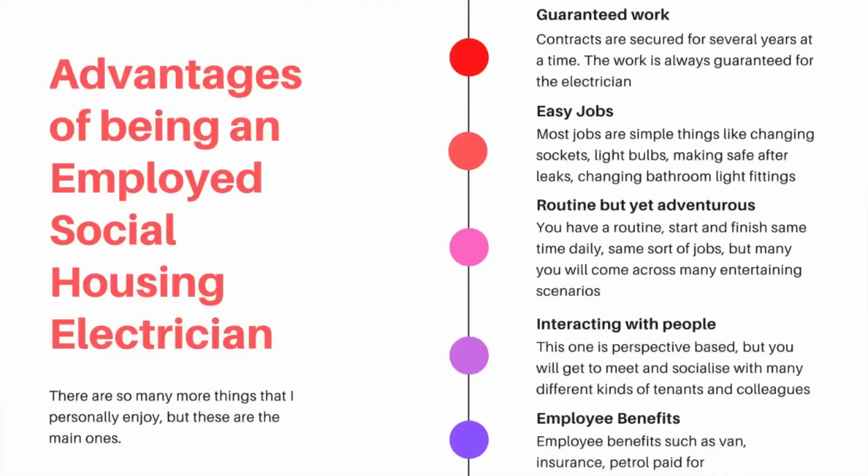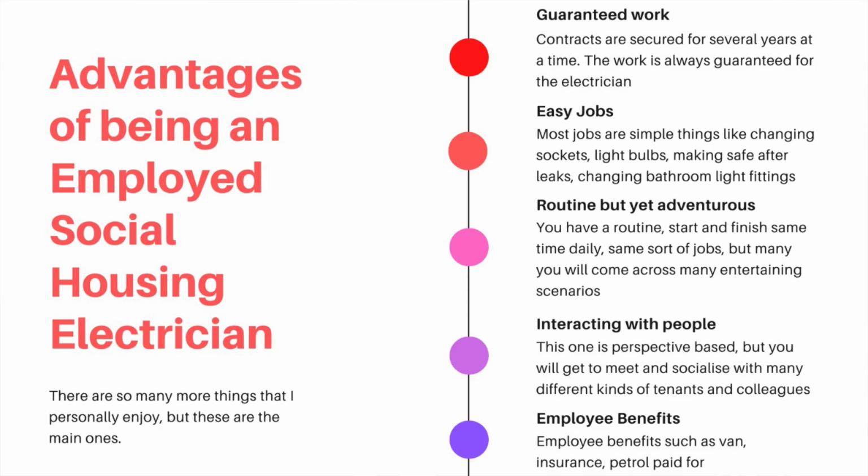So for the social housing work, it's mainly very easy, especially if you're starting out, or you are an apprentice, or you've just qualified and you're going out on your own. Doing social housing is very good. That's how I did it. Not a lot is expected of you.